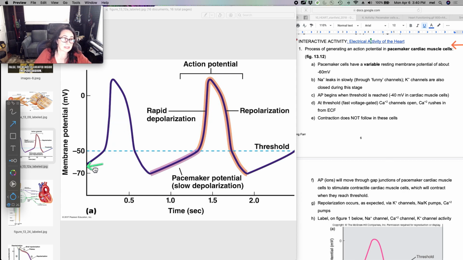So this, again, was the sodium funny channels, and they're kind of leak channels. This is, of course, threshold, minus 40 to minus 50. And then this is caused by opening voltage-gated calcium channels. They are the fast voltage-gated calcium channels. And then how do you imagine we would get back down to this variable resting membrane potential?